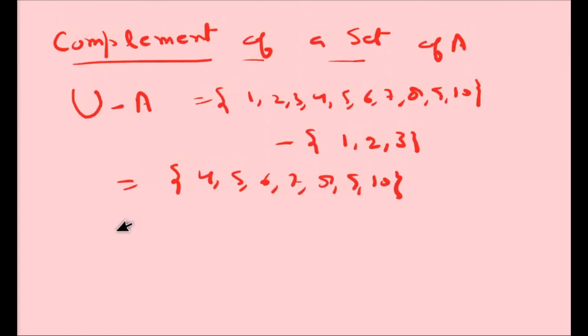It is also denoted by A dash. A dash means U minus A, or the complement of set A is denoted by A dash.